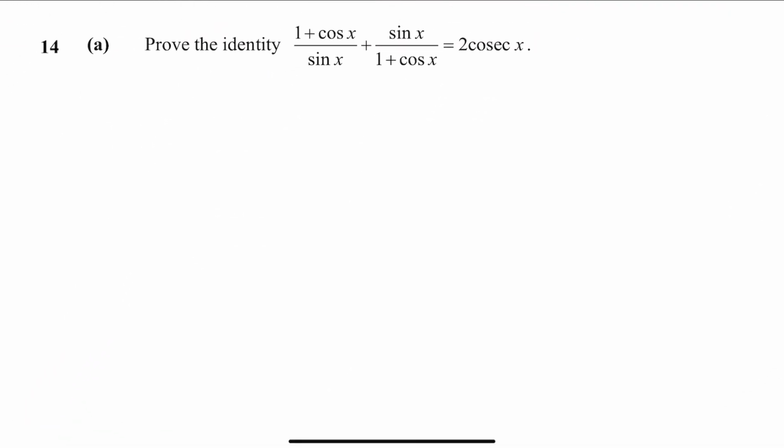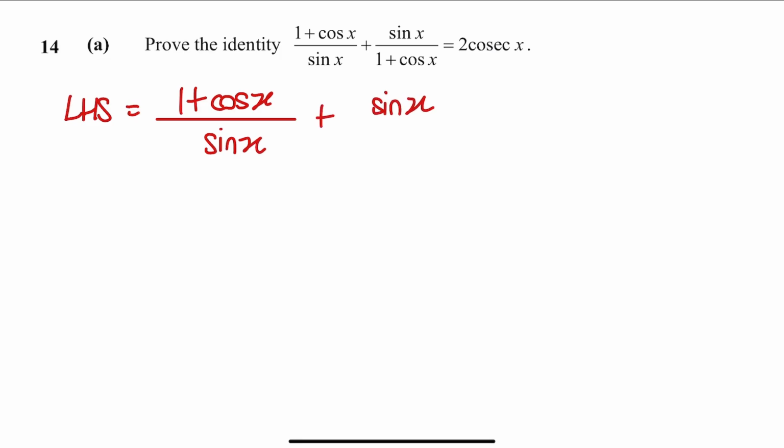We usually start from the more complicated side. So over here, I'll choose left-hand side. Okay, I start with 1 plus cosine x over sine x plus sine x over 1 plus cosine x. Okay. Then from here, we combine the two fractions together.